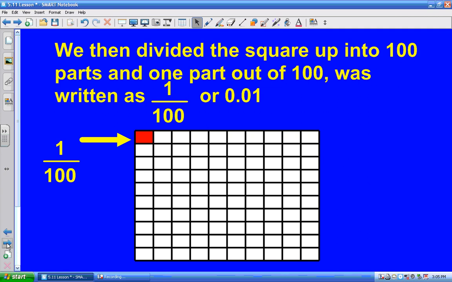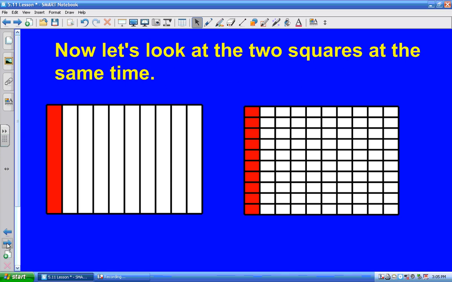You remember that? Our next part is what happens if I have the one long here, on the first square, and I shade in the first column of the second square. What do you notice about these? Caitlin? You have 10 in that one and 1 in that one. Yeah, we have 10 in the right and 1 in the left. But what do you notice about the amount that's shaded in? Abby?